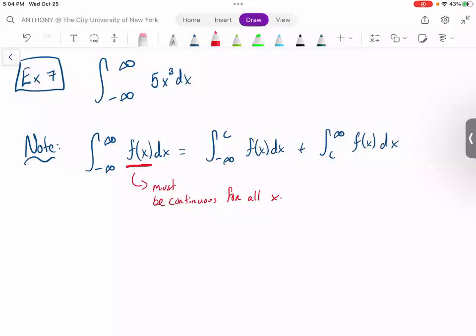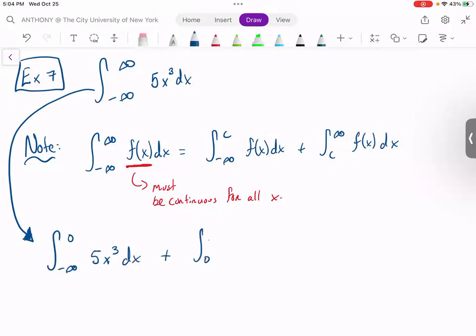Use 0. So this integral can be rewritten as the integral from negative infinity to 0 of 5x cubed dx plus the integral from 0 to infinity of 5x cubed dx.